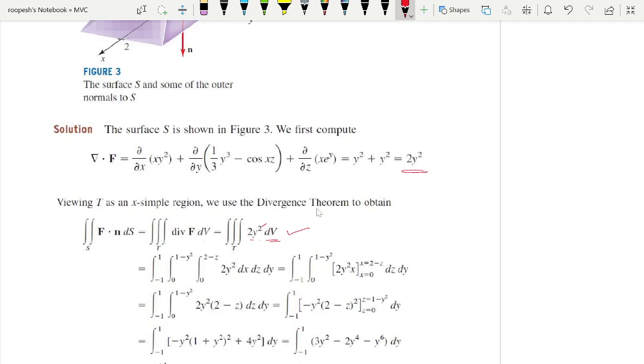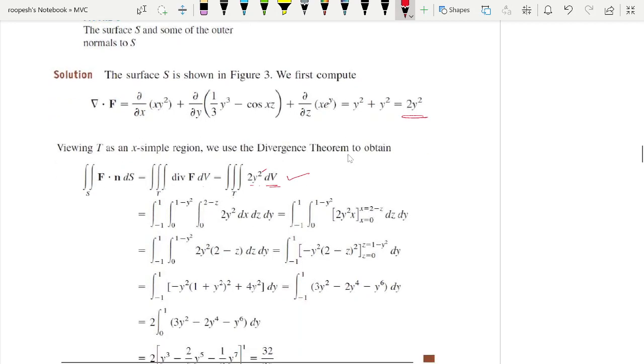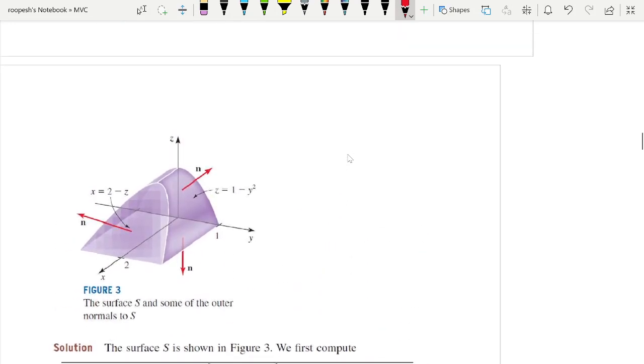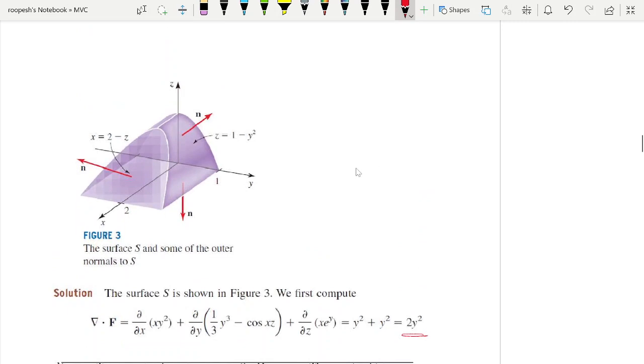So let us see how this is varying. First of all, we want to take the direction of x. So how is x varying? So from where to where is your x varying? See, x is varying from this to here, right?